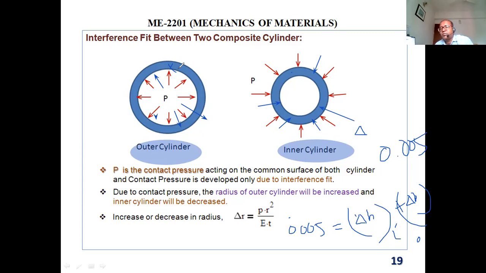If you make it with one plate, you cannot pressurize that much. Another benefit: say after 5 years you inspect whether any crack has developed. If you see the outer one a little cracked or corroded, just change the outer one. Similarly, if you find some crack or corrosion in the inner one, you change the inner cylinder.